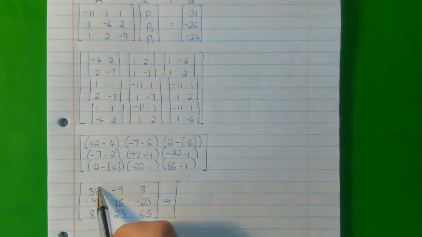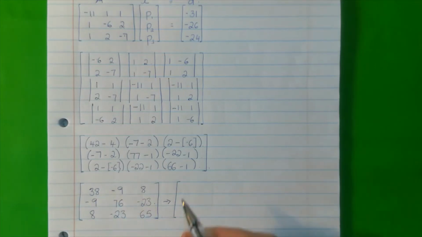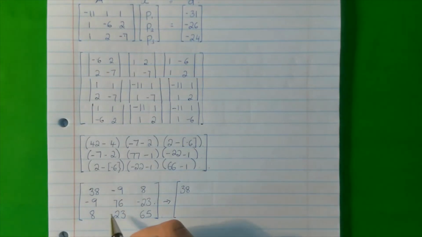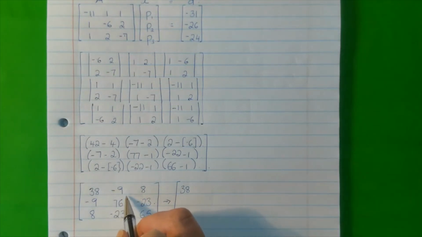So in this case here, for this minor here, it's in the first row, first column. 1 plus 1 is 2, so the sign will not change. The value of the cofactor is 38. For this minor here, we're looking at the first row, second column. 1 plus 2 is 3, which gives us an odd number, hence the sign on the cofactor will be different from the sign on the minor.